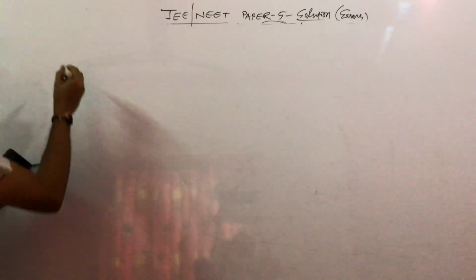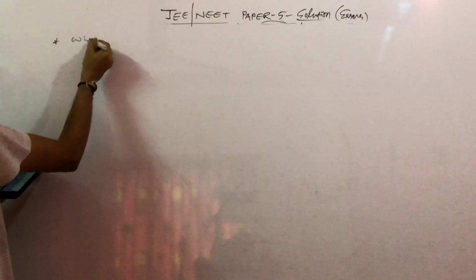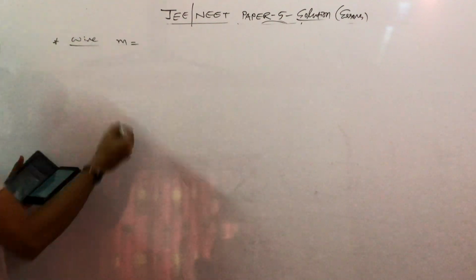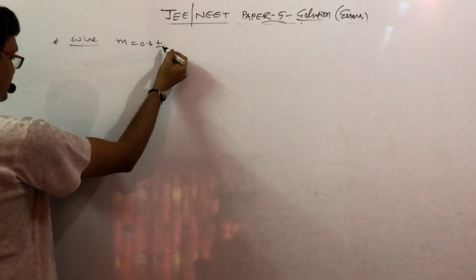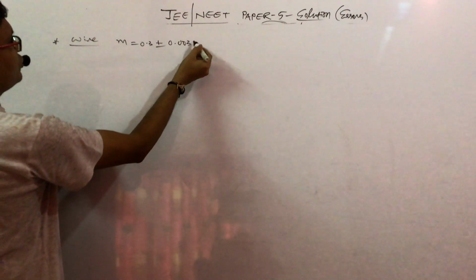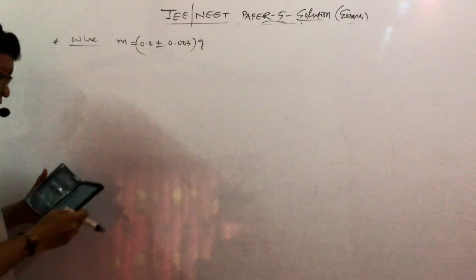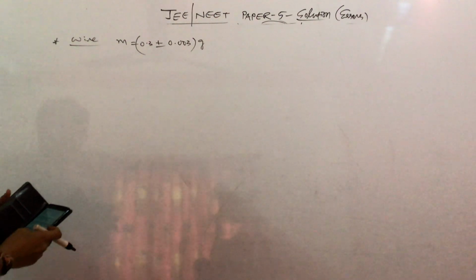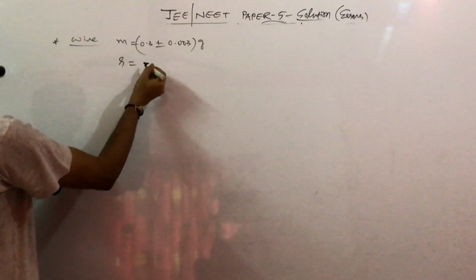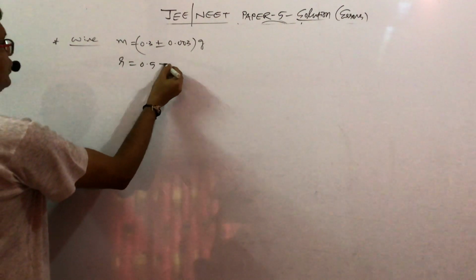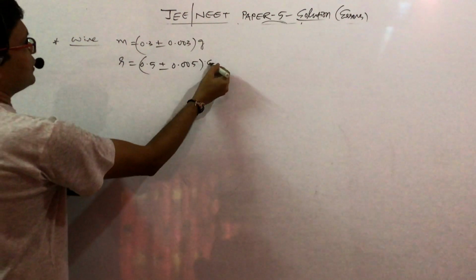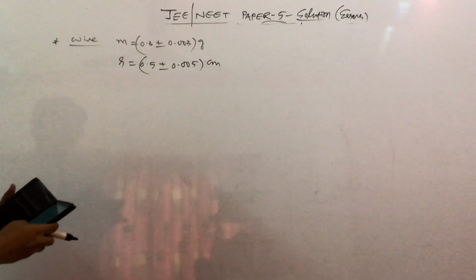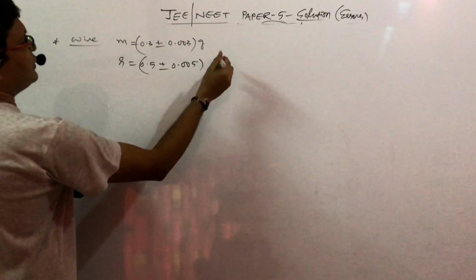A wire of mass, there is a wire. What is the mass of this wire? It is given 0.3 plus or minus 0.003 gram. Then the radius R is equal to 0.5 plus or minus 0.005 centimeter, mm given, you can see that.